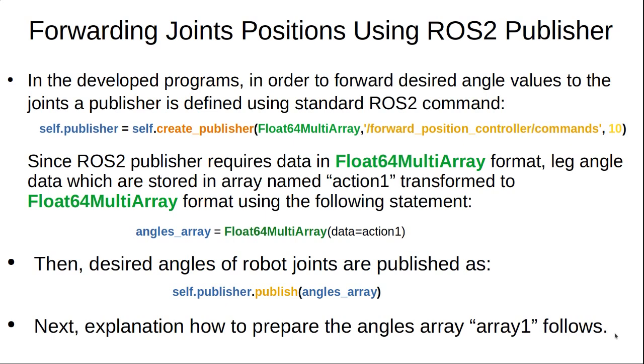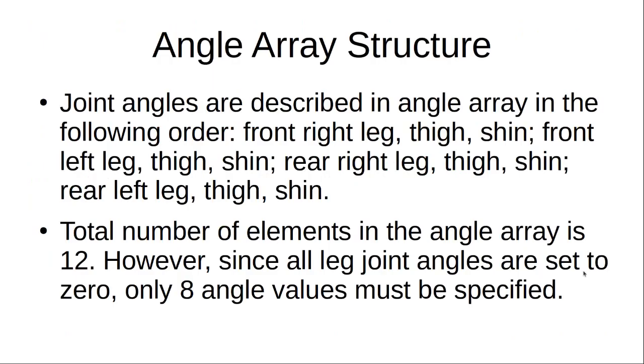Next, an explanation of how to prepare the angles array named array 1 follows. Angle array structure. Joint angles are described in the angle array in the following order: front right leg, thigh, shin; front left leg, thigh, shin; rear right leg, thigh, shin; rear left leg, thigh, shin.